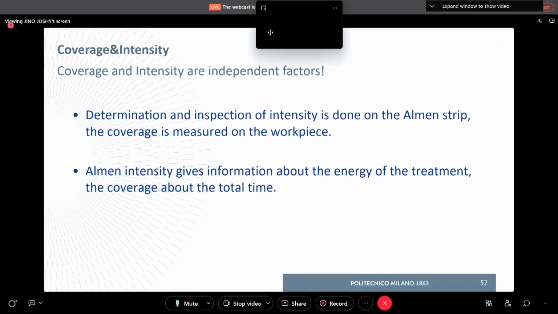The determination and inspection of intensity is done by using the Almen strip. The coverage is not done in such a way, but is measured directly on the workpiece. The Almen intensity gives information about the energy of the treatment, the coverage about the total time, or we can say also the accumulated energy, the total energy that is induced in plastic deformation along the complete duration of the treatment.